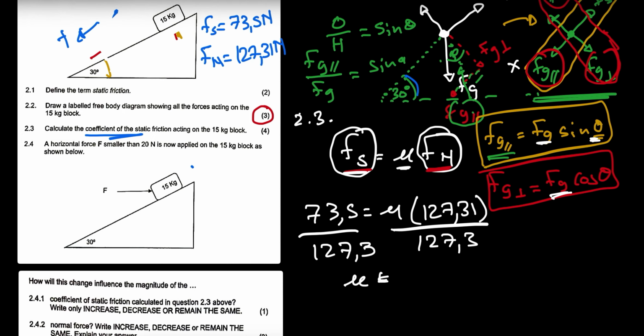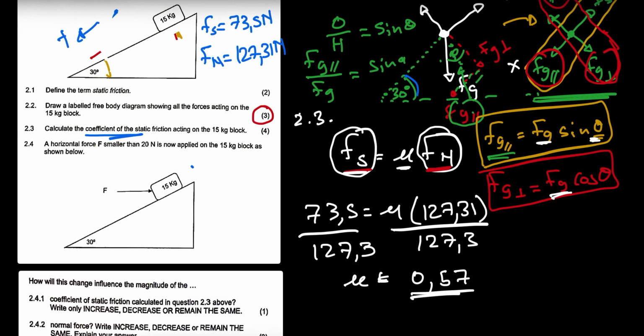In my calculator, 73.5 divided by 127.3, I get 0.57. So this is the coefficient of the static friction. That answers question 2.3.